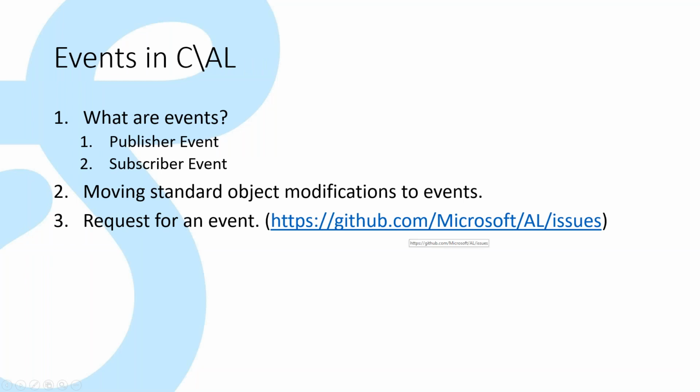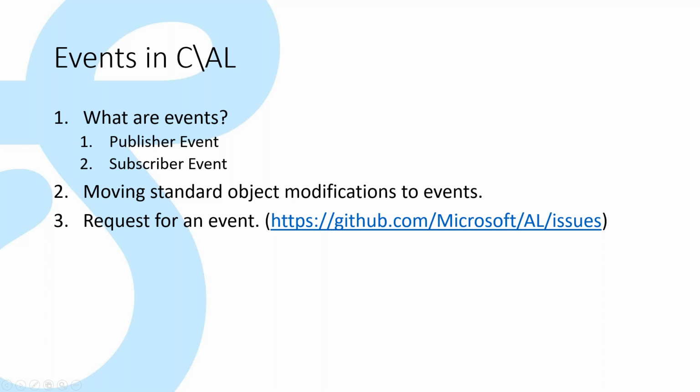So for the extensions, you will need to know a concept behind the events. What you have to know about events is that the way extensions work, as I already mentioned, is by not touching the base application.